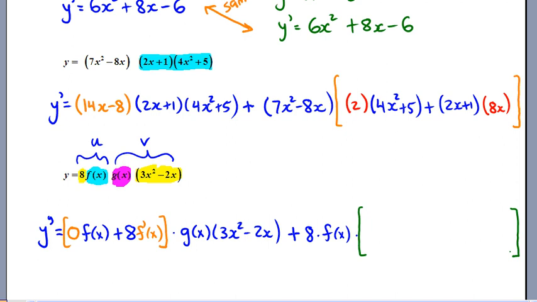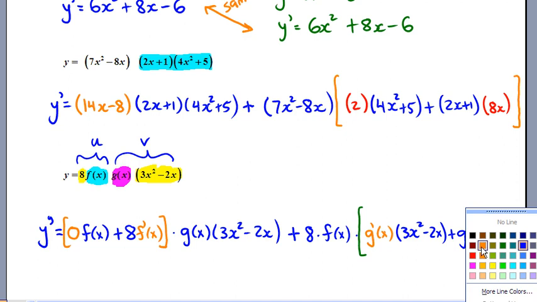Okay, derivative of v. Well, I would do a derivative of that pink stuff, so that's going to be g prime multiplied by that yellow stuff just left alone, 3x squared minus 2x, oh, this is going to get tight, and then add, leave the g, multiplied by the derivative of that last part.